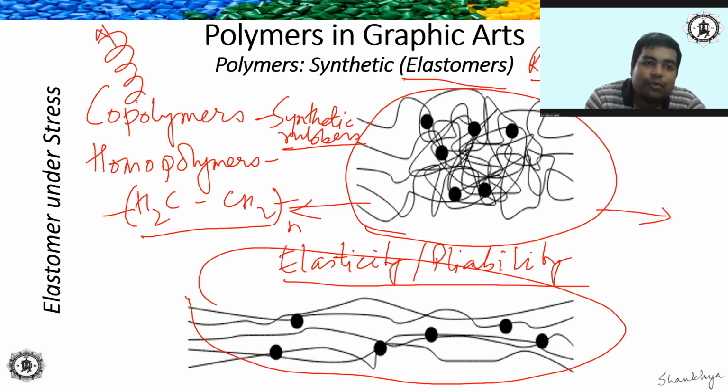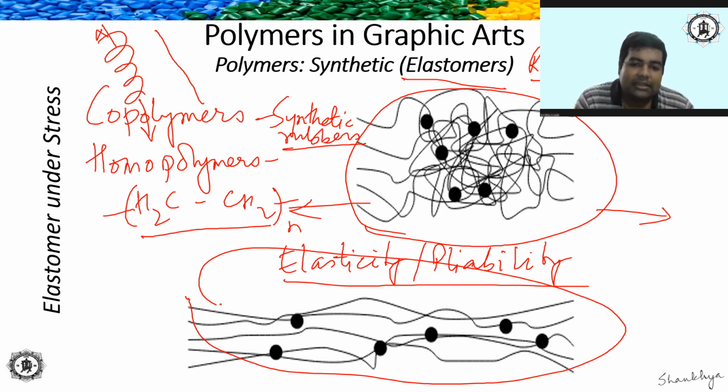So if you want to pull this apart, what will happen? The spring will get deformed from this coil structure, and if you pull it to a great extent, it will almost look like a straight line, like a chain. This is exactly the thing that happens with elastomers also, rubber also.